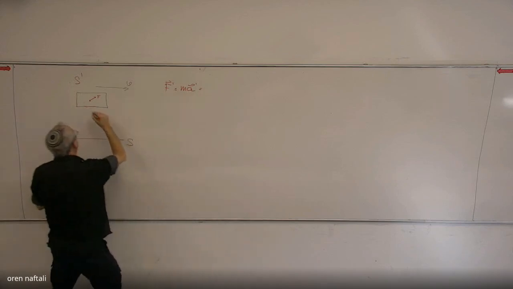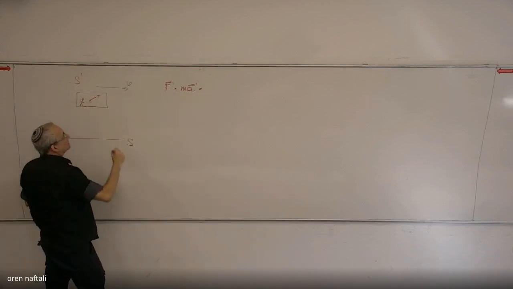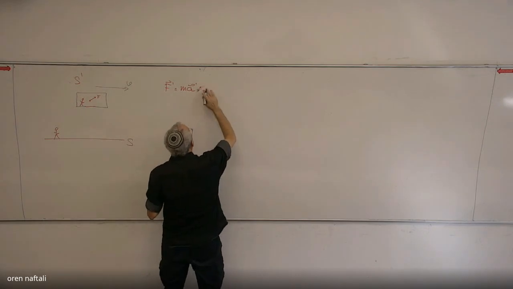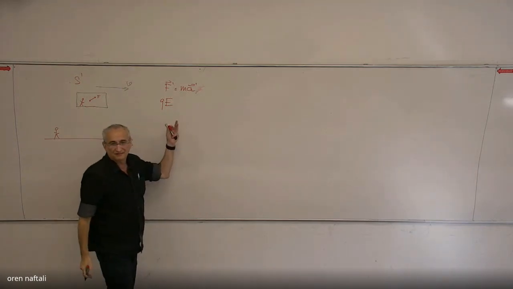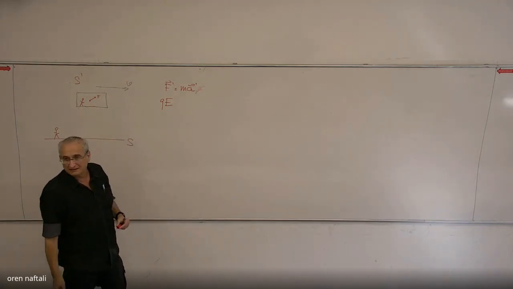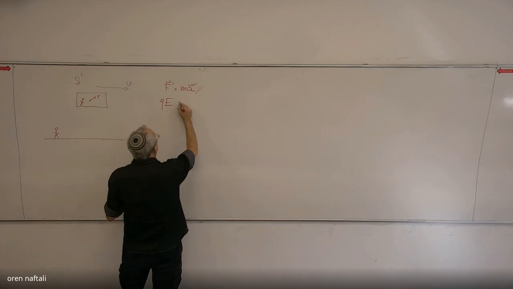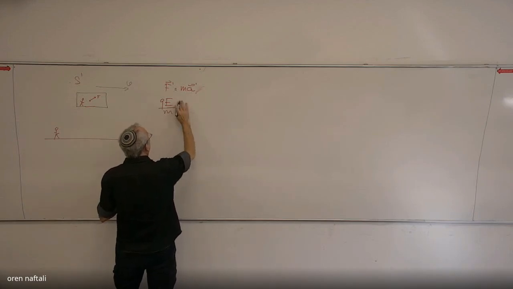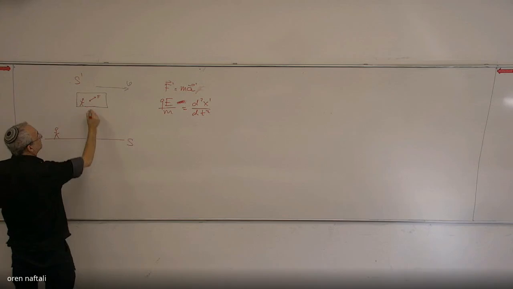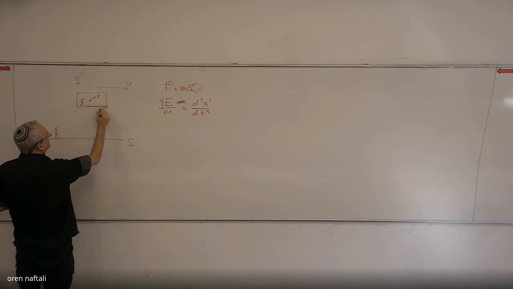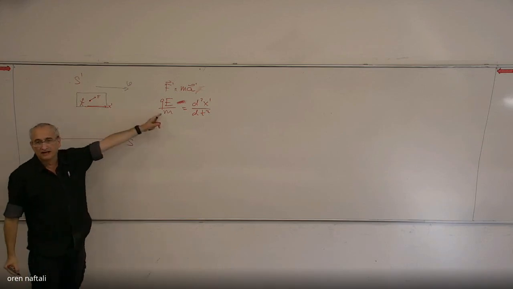So the guy who is living here can say, suppose F is given, like qE, some given force which is independent of the velocity, then qE over m will be equal to d²x′/dt², where x′ is the location of the particle with respect to this axis x′, which is moving with the spaceship. Okay?